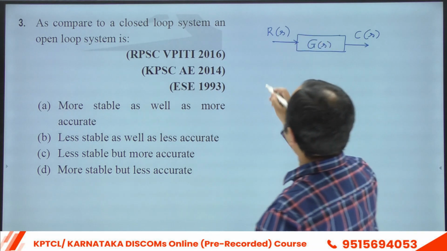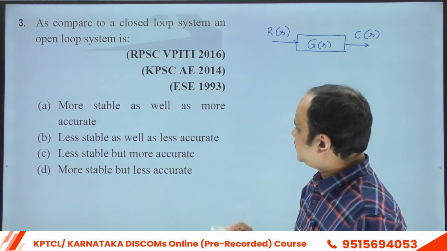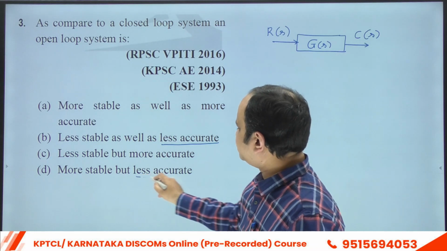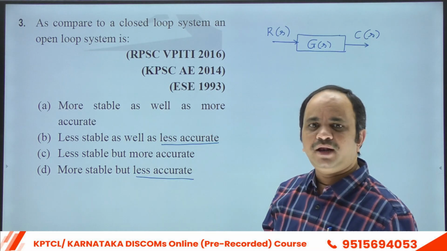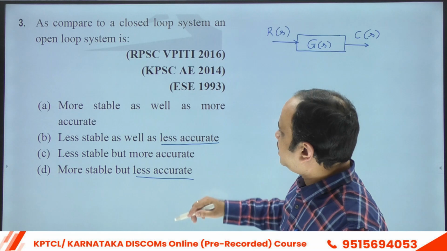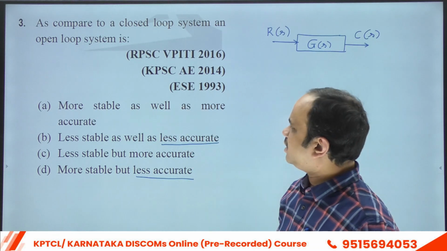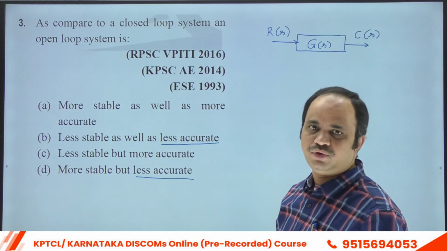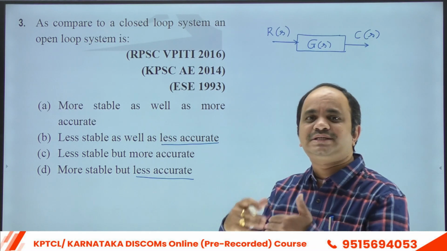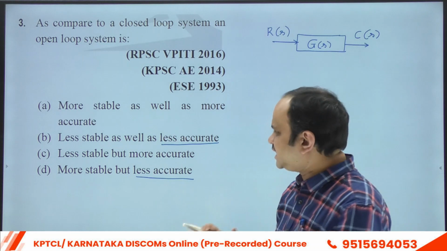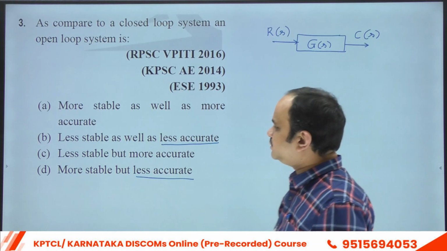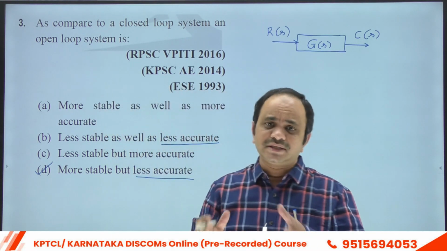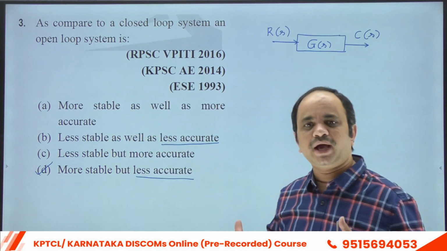Therefore, what we can say, open loop system is less accurate. So there are two possible options here. If I apply elimination process, option A and C are not suitable because open loop system is less accurate. Okay. Now coming to the stability point of view, in general open loop system we can say it is more stable, but sometimes open loop systems will also be unstable.